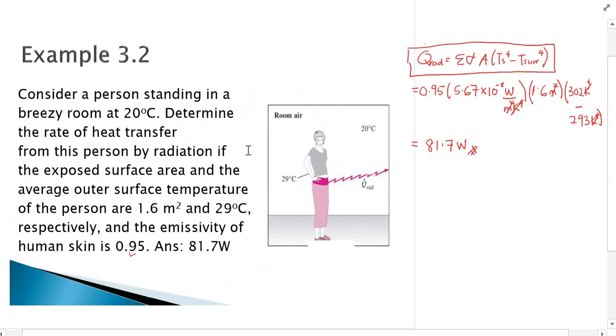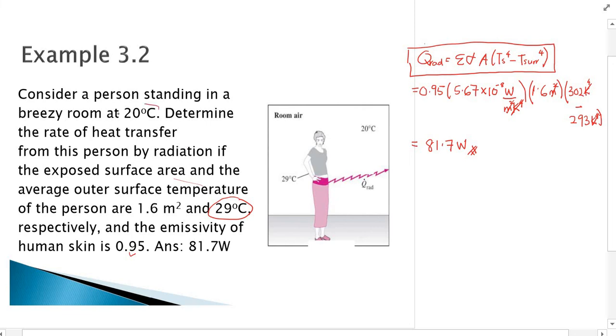Now in this question we are dealing with SI, so you can use 5.67 multiplied by 10 to the power of negative 8 watt per meter squared K to the power of 4. Then the area: here they give you the surface area of the person, which is 1.6 meters squared. The surface temperature, the body of this person, is 29 degrees Celsius, so you need to convert it to Kelvin, which becomes 302 Kelvin.